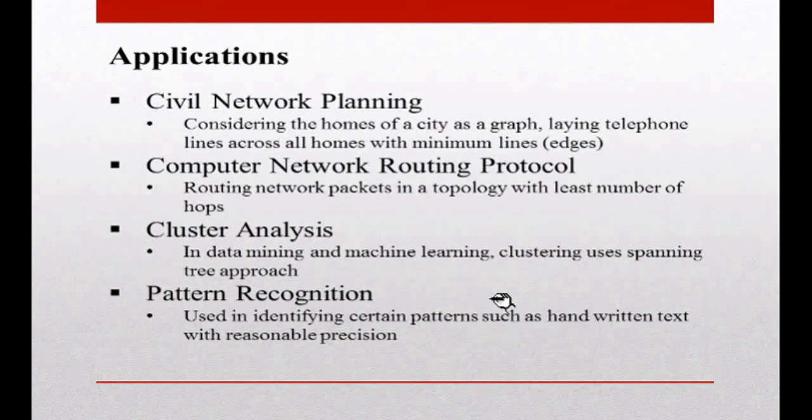And pattern recognition, particularly to identify certain patterns such as handwritten text or certain objects with reasonable precision, with high accuracy, we use spanning tree techniques there. So these are some of the useful applications where spanning trees are widely used. You can probably go through some of the articles for more information on where spanning trees can be used.